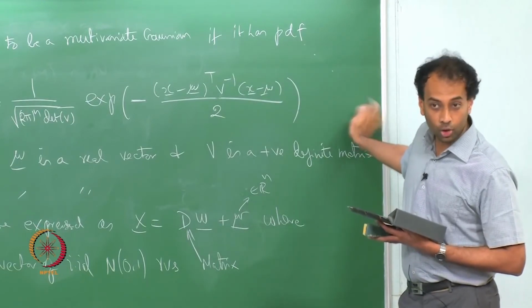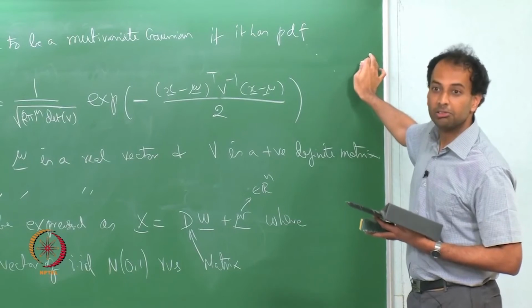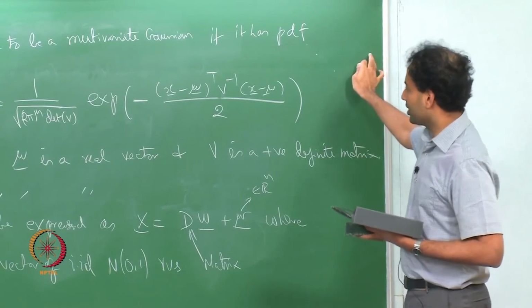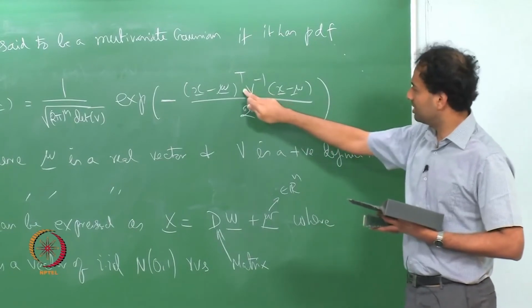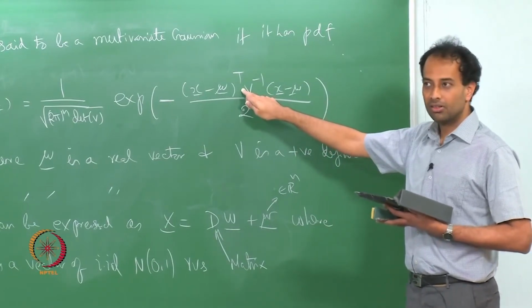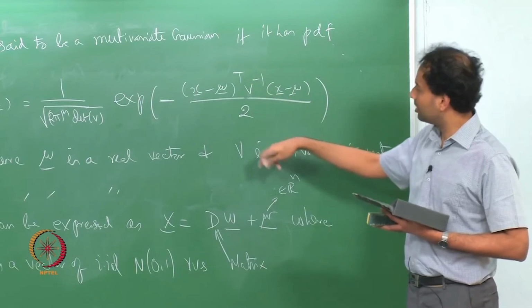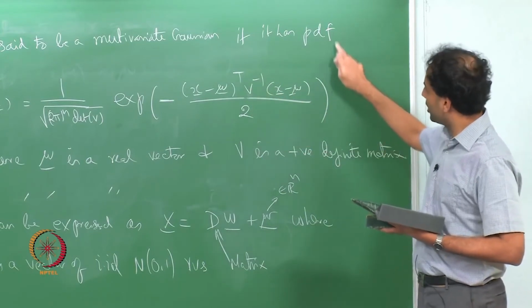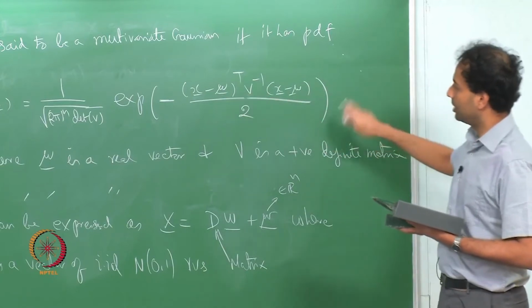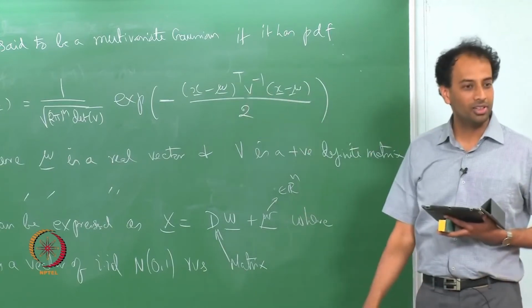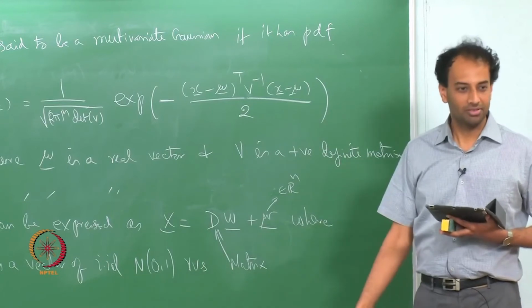Also you can show that if the matrix V has a diagonal structure, which means the covariances are 0, then V inverse will simply be sigma 1 to the minus 2, sigma 2 to the minus 2 and so on. If you expand this out, you will actually get a product of the marginal PDFs.